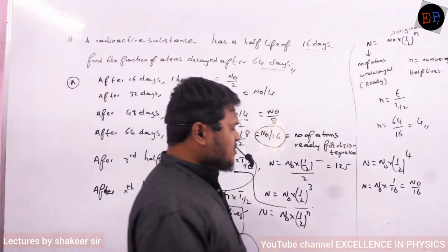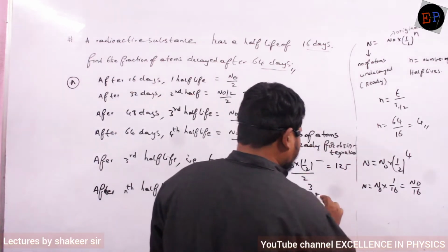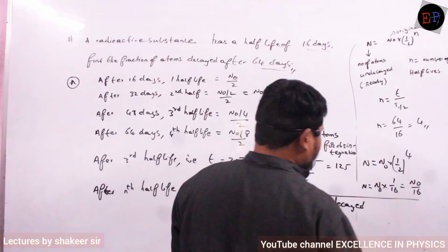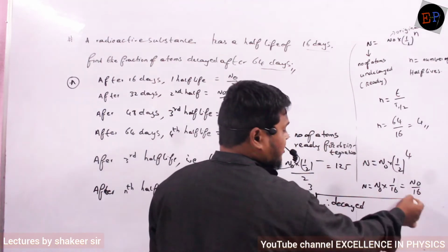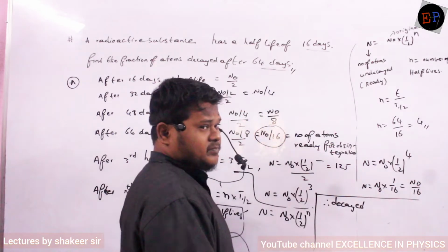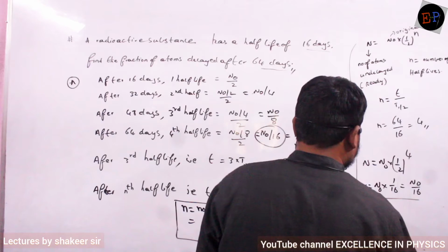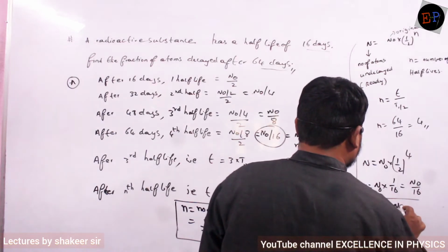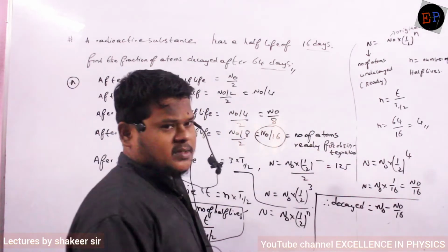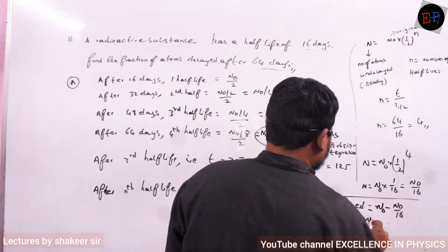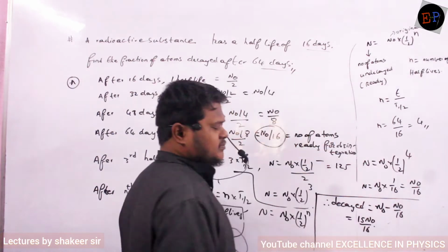So therefore, decayed atoms. Decayed atoms are how many? These are the left atoms. How many have decayed? Again same formula. Total number is n naught, minus remaining, which is n naught divided by 16. So therefore, decayed atoms is 15 n naught divided by 16.